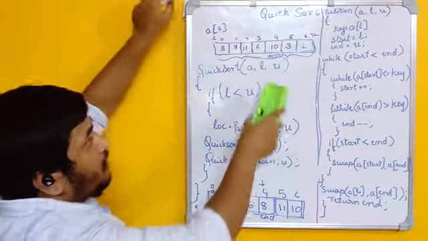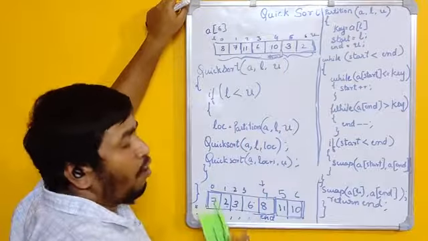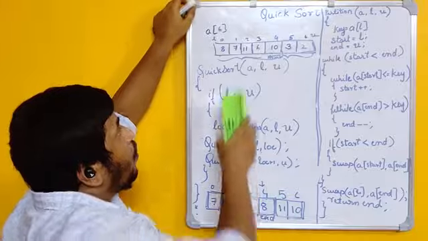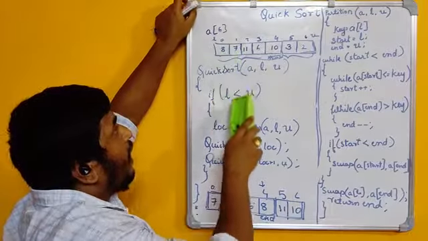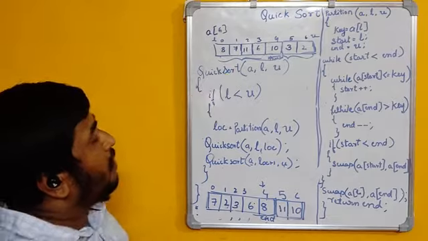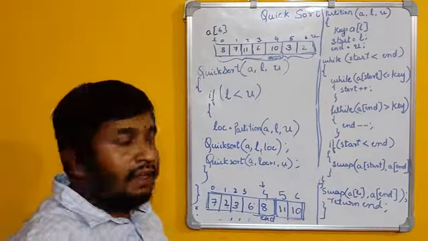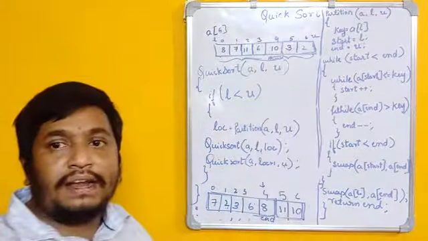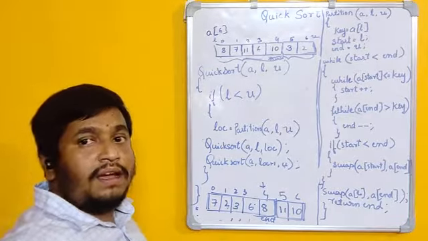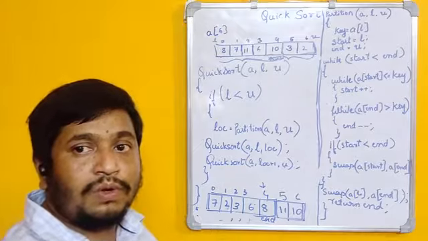Once start and end have crossed, we copy the key element into A of end. This is done continuously. Okay, I hope you understood.